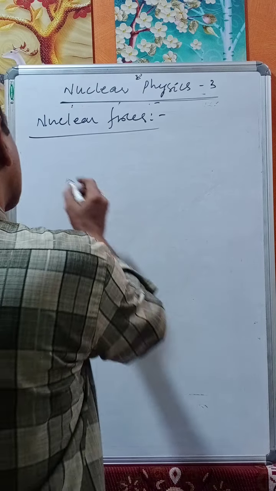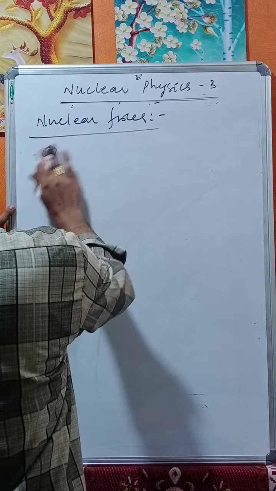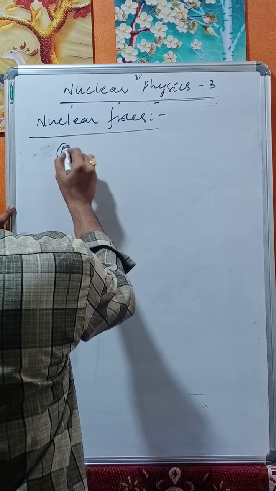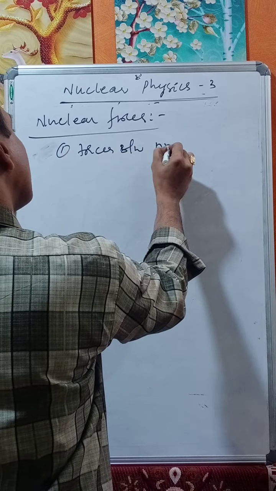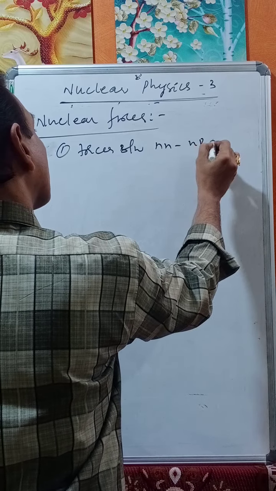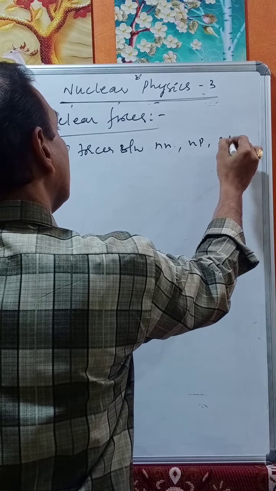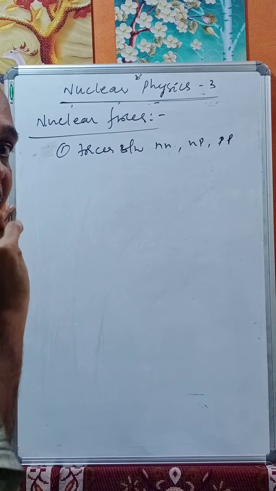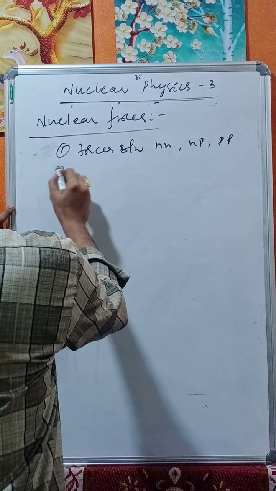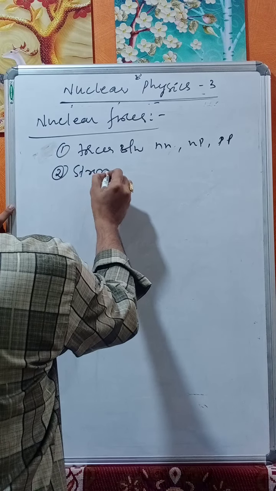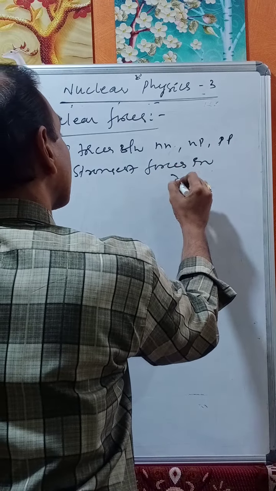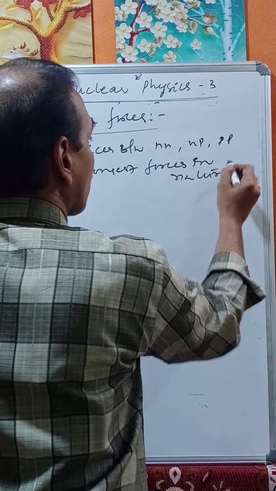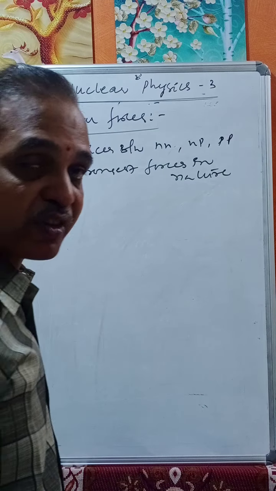Now, the first point: these are the strongest forces in nature. These are the forces between neutron and proton, and proton and proton.